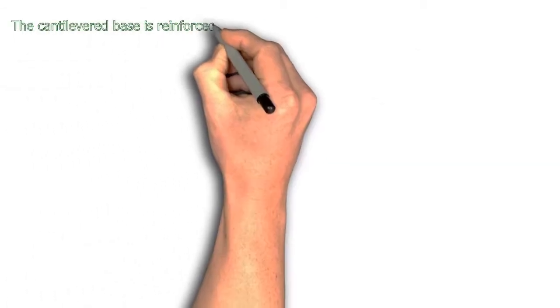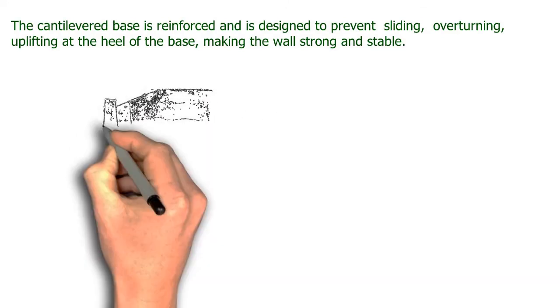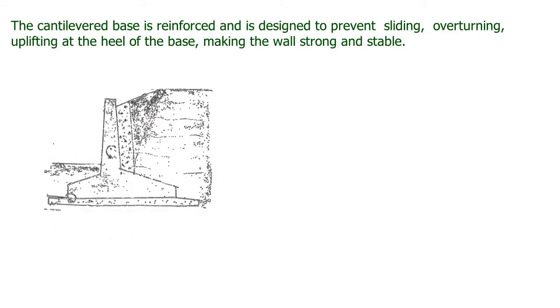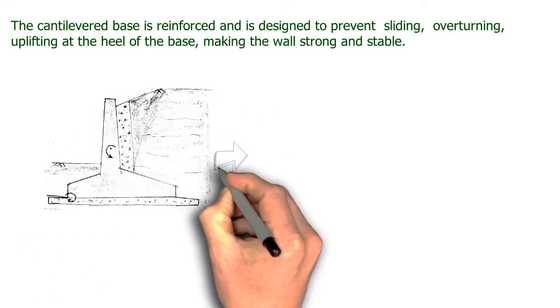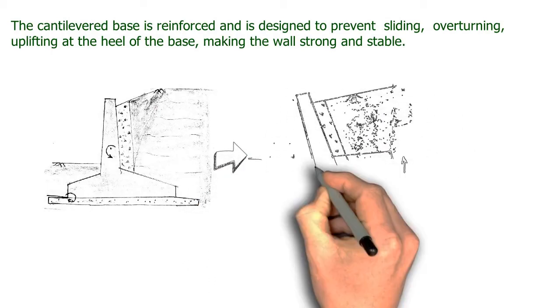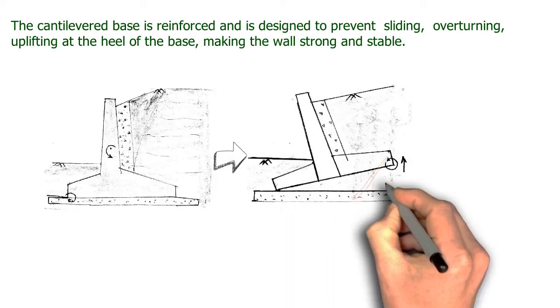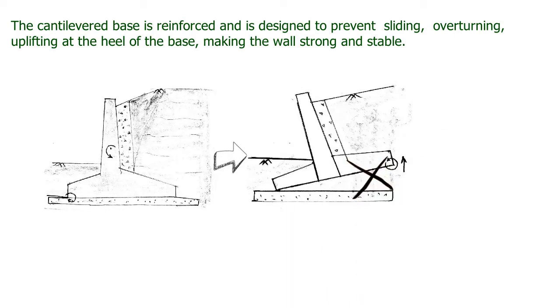Now cantilever base is reinforced and is designed to prevent sliding, overturning, and uplifting at the heel of the base, making the wall strong and stable. In this figure you can see the prevention of overturning of the retaining wall.